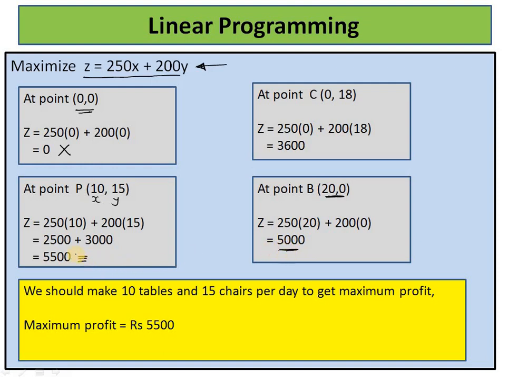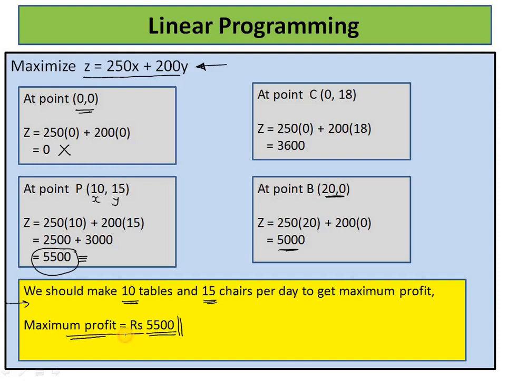So which is my maximum profit? 5500. What is X for that? 10. And what is Y for that? 15. X is the number of tables, Y is the number of chairs. So the answer is: we should make 10 tables and 15 chairs per day to get maximum profit. And how much maximum profit do you get? 5500 rupees in a day.